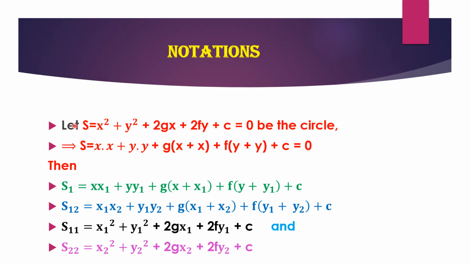Similarly, here the first x and second x, first y and second y are both changed by different subscripts. Here generally I take the first subscript as 1, the second subscript as 2, so 1 and 1, 2 and 2, and similarly 3 and 3, 4 and 4, j and j, m and n, k and l.